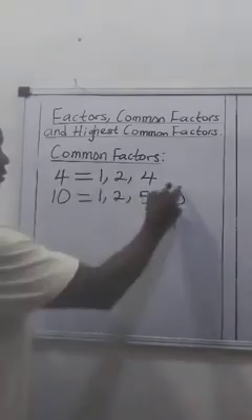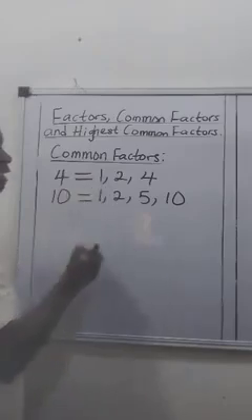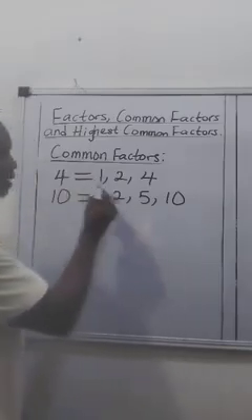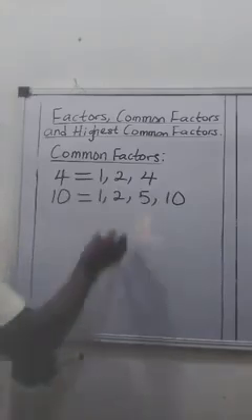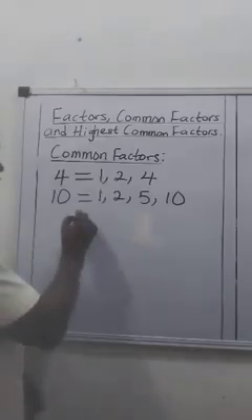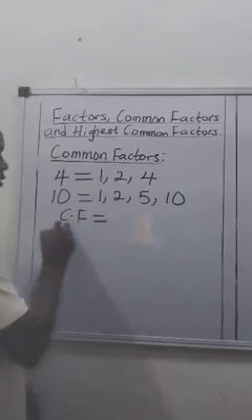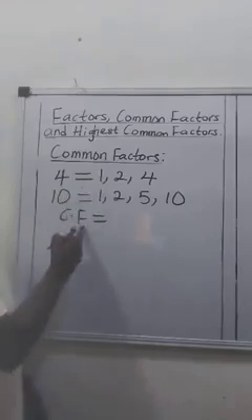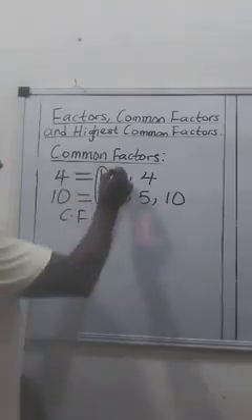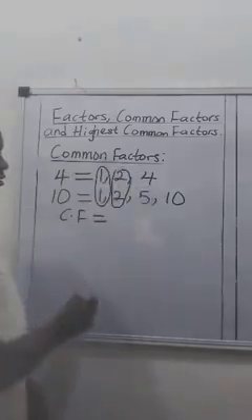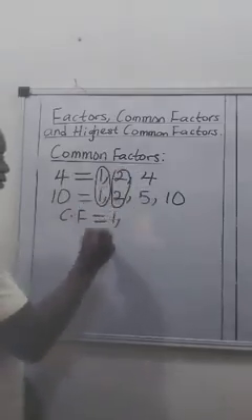All right? Now, what are the numbers that are here and you can find in 4? We have 1. Let me write CF. CF stands for common factors. So I can pick 1 like this. Then let me pick 2 again. We have 1 here in both of them.